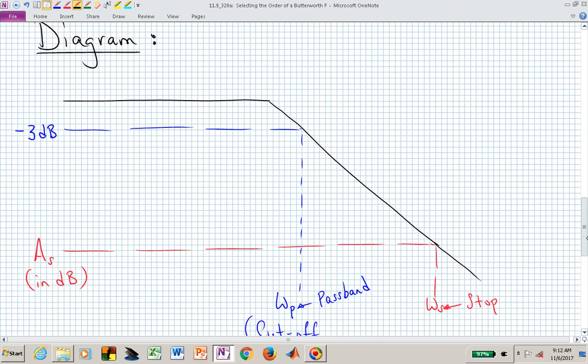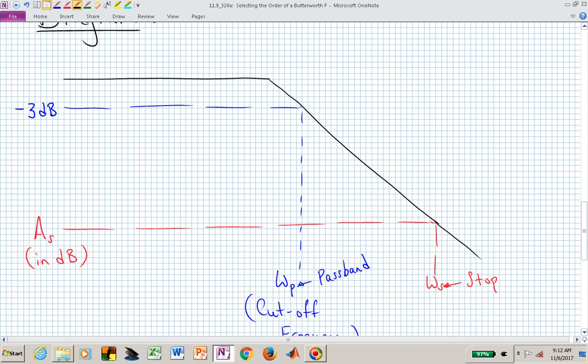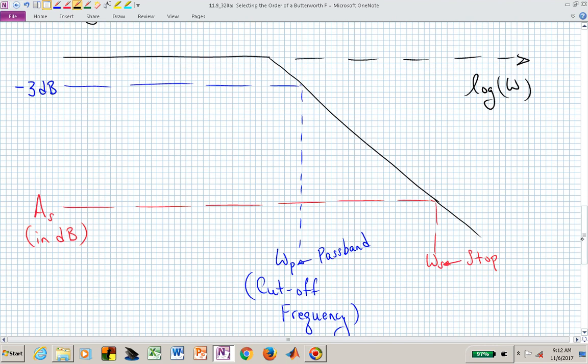Here's the diagram. And it always, I think, helps. This is actually the frequency axis. And the way that we've drawn it, it's actually log of omega. But there's our frequency, and then the vertical direction determines the attenuation. Omega sub p is our pass band or cutoff frequency, and that's where we are at minus 3 dB in terms of our frequency.